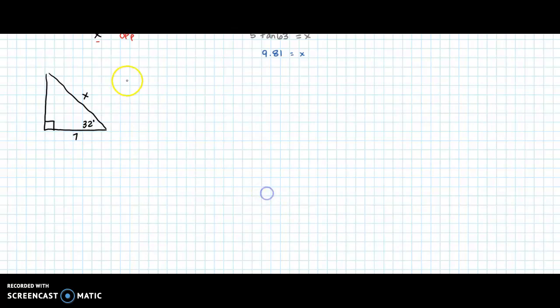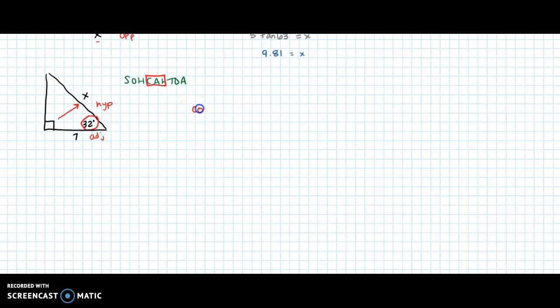So again, think about your acronym, SOHCAHTOA. And think about your sides in relation to this angle. So in relation to angle 32, we have x is the hypotenuse, and then we have 7 is the adjacent side. So we have the adjacent and hypotenuse, so this time we are doing the cosine, the CAH.